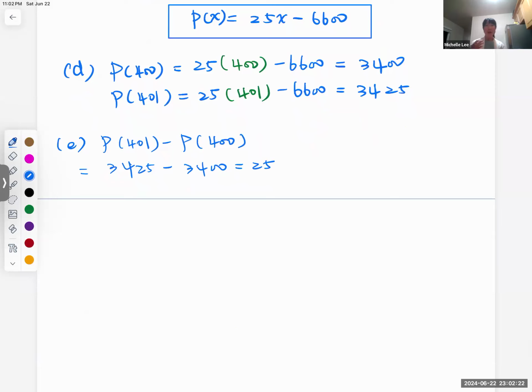Part F, what is the additional profit of selling one more helmet if 642 helmets are being sold? So similar to the previous one.